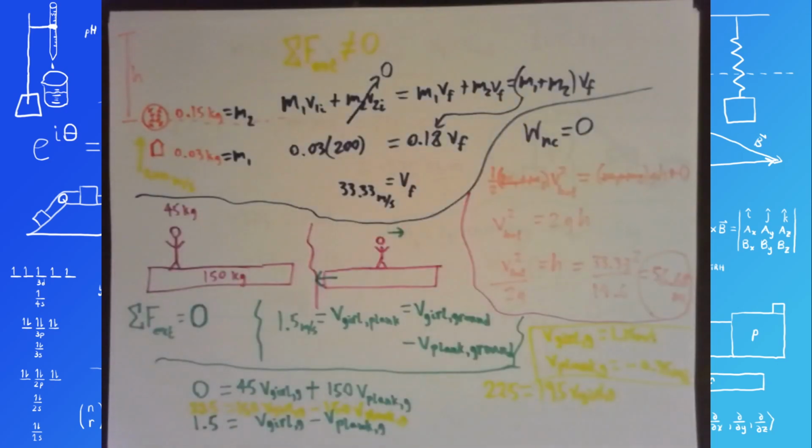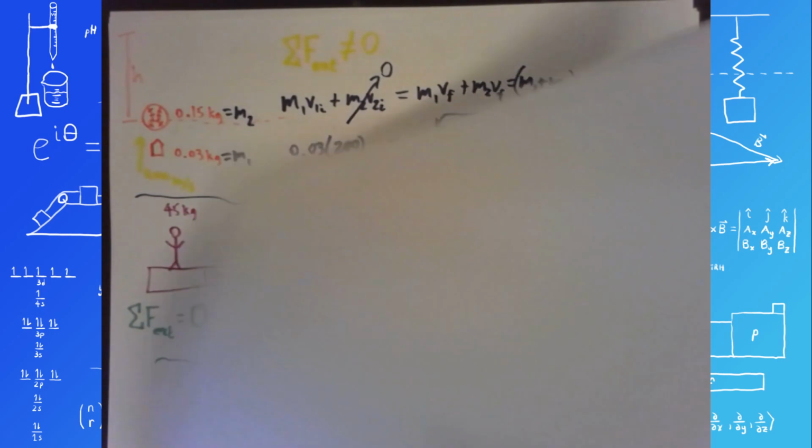Alright, let's see what I can do with these. So we have a 12-gram bullet fired horizontally into a 100-gram wooden block that is initially at rest on a frictionless horizontal surface and connected to a spring having spring constant 150 newtons per meter.